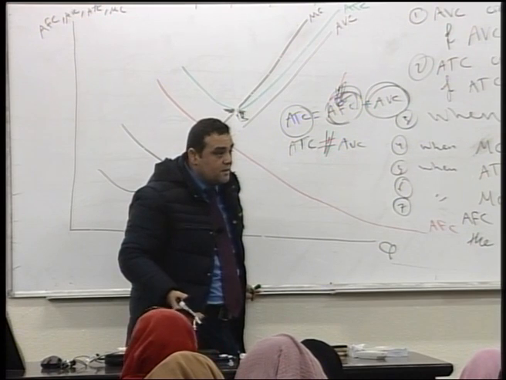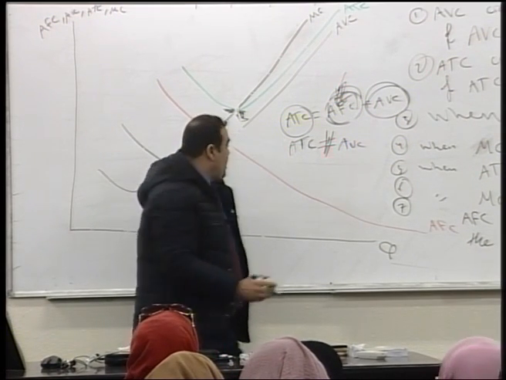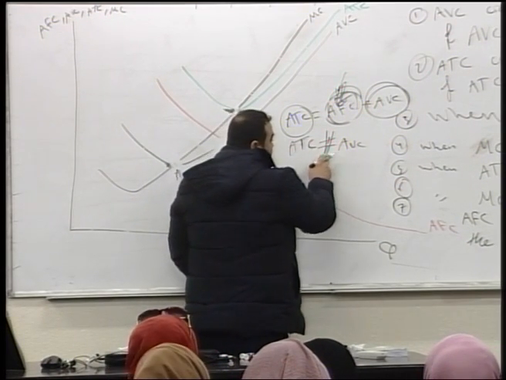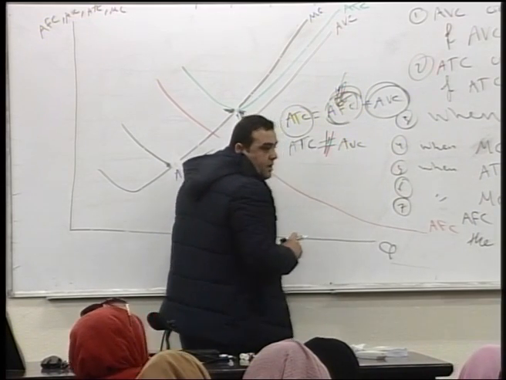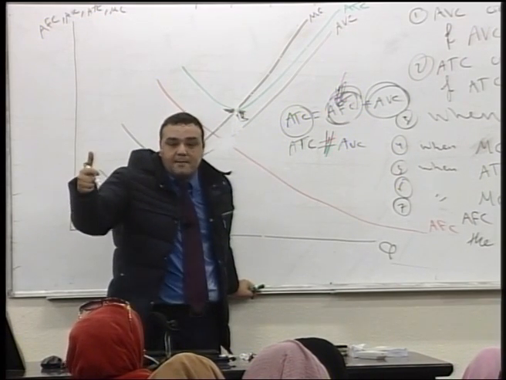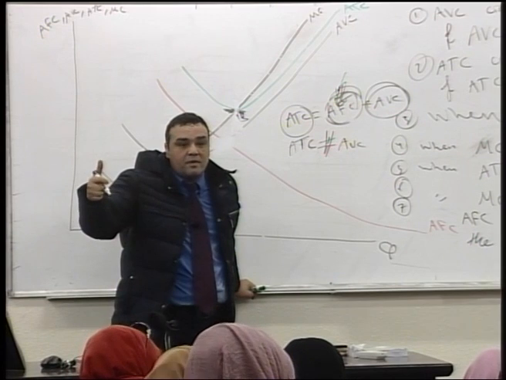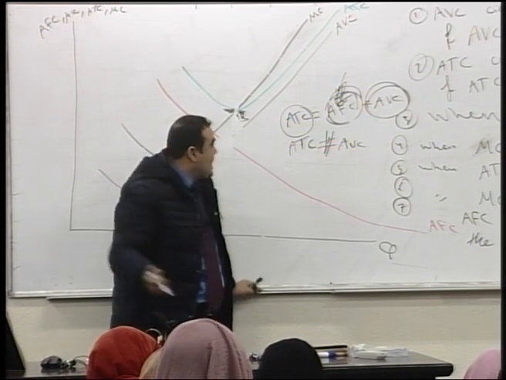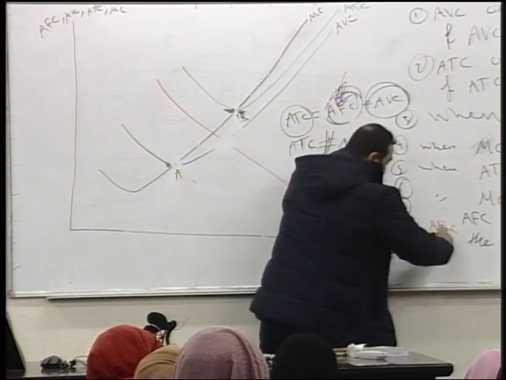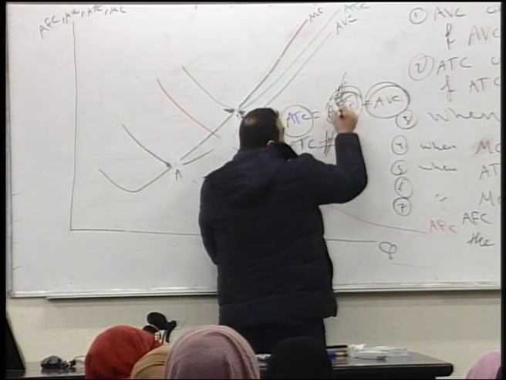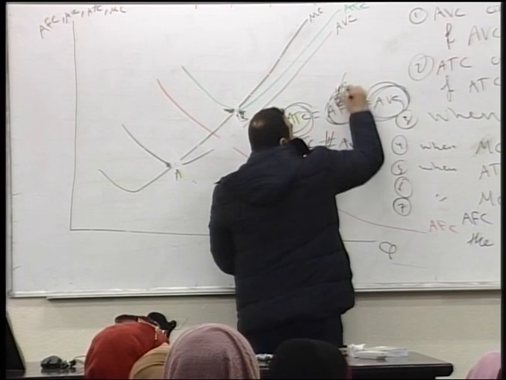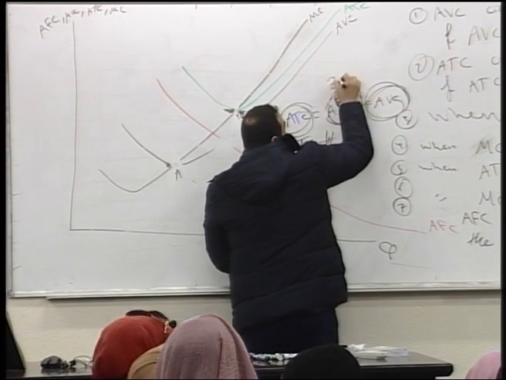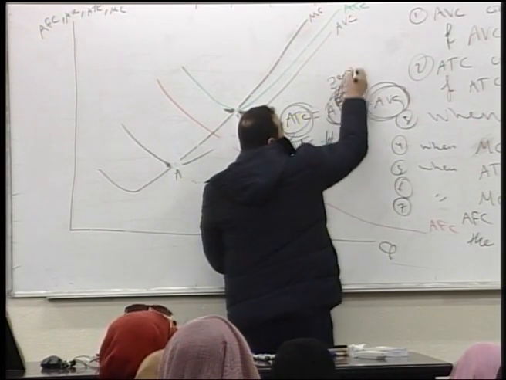Right? ATC never equals AVC in the short run because AFC never equals 0. This never becomes zero.